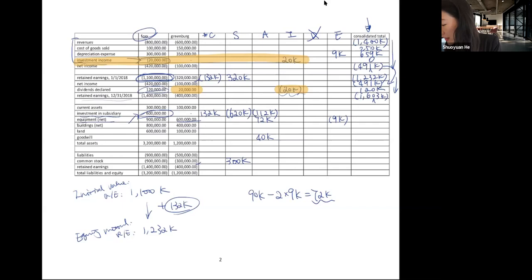And this 1.603 million is carried over to the balance sheet. On your balance sheet, current assets, the total is 400,000. Your investment account should go to 0. So those should cancel out.